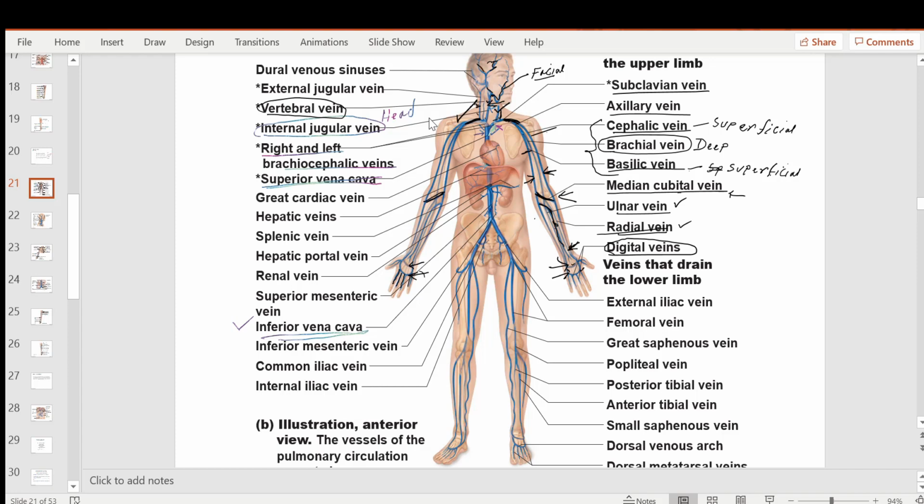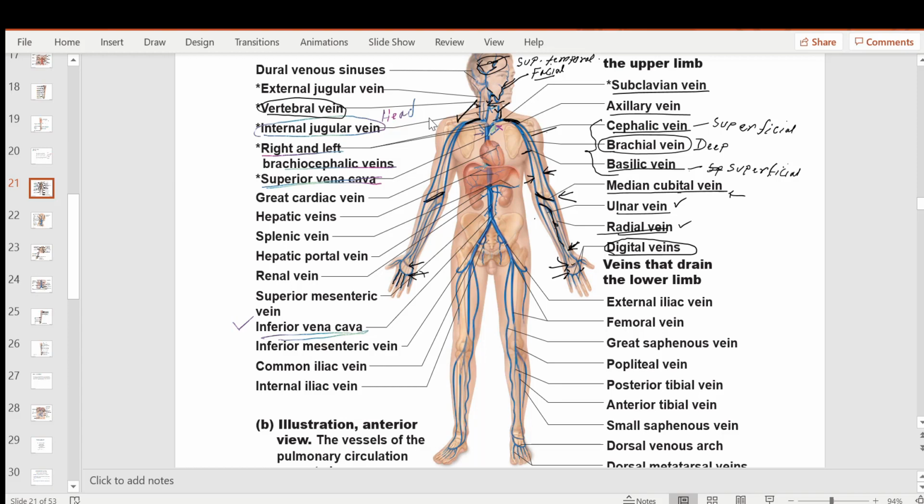Okay, so you can write it down: superficial temporal veins, these veins, and facial veins here in the face. You know, this is the temporal part of the head, so superficial temporal. Okay, and the internal jugular enters into the cranial cavity and gets blood from the brain.